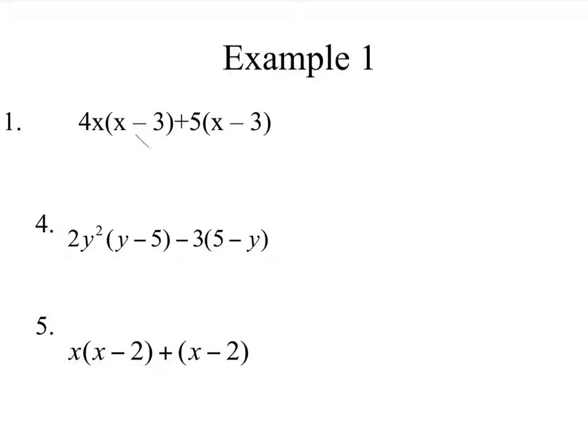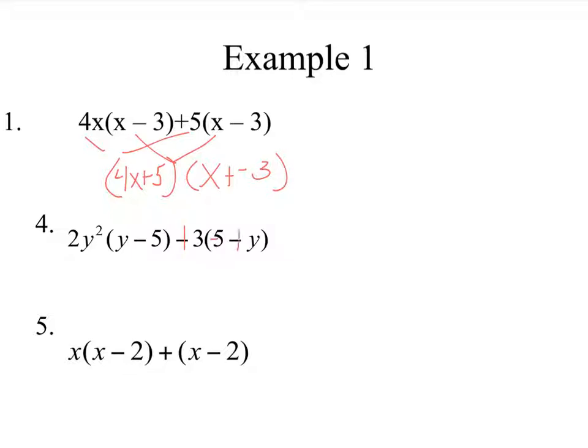So we'll notice that the two parentheses do match, so they give me one half of my final answer. And the 4x plus 5 gives me the second part. In number 4, you'll notice that they do not match, so I need to pull a -1 out of the second parenthesis, making the -3 a +3.